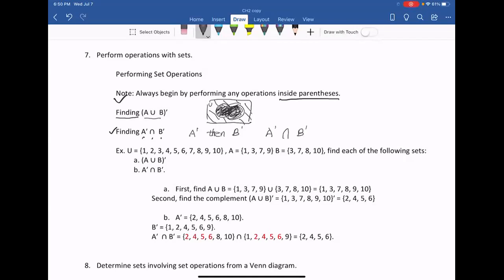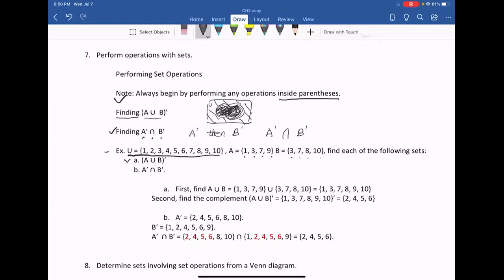Okay, here is the example. The universal set is 1 through 10. A is 1, 3, 7, 9. B is the set 3, 7, 8, 10. Find the complement of A union B. So what's the first step?